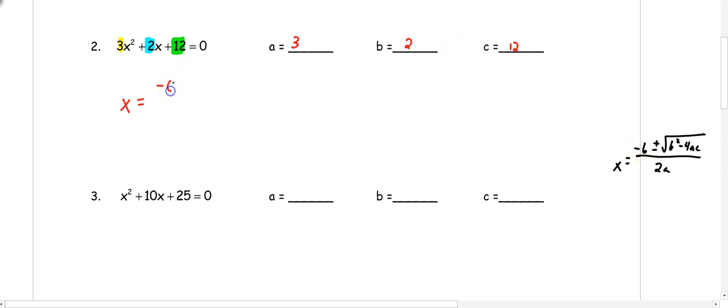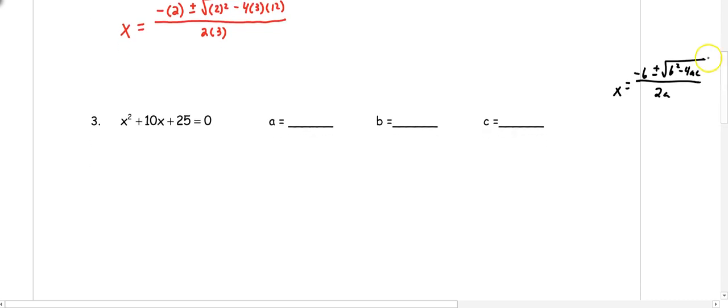In this case, our b value is 2, plus or minus square root of b squared. Well, b squared would be 2 squared minus 4ac. So 4 times the value of a, which is 3, times the value of c, which is 12, all over 2a. So 2 times 3. So let's try one more.